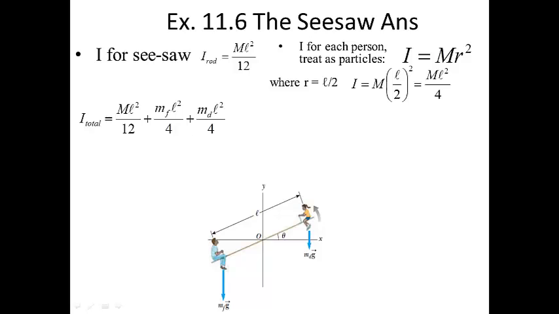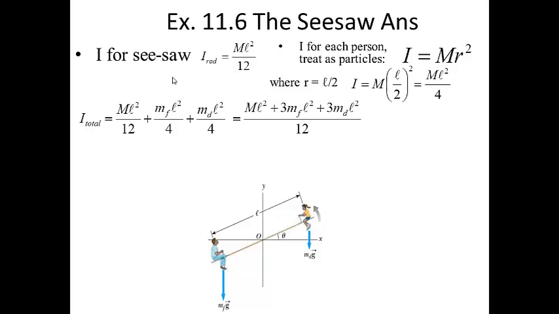So the total moment of inertia is going to be the moment of inertia of the rod plus the moment of inertia of the father plus the moment of inertia of the daughter. If you find the least common denominator and combine it, you get this expression. Now, the next thing we have to do is just plug that into our formula for angular momentum.